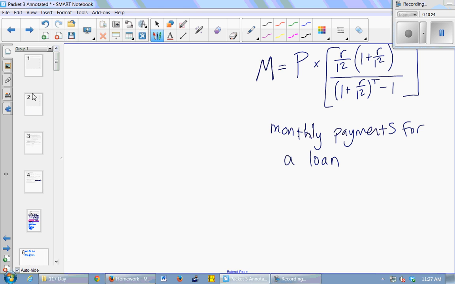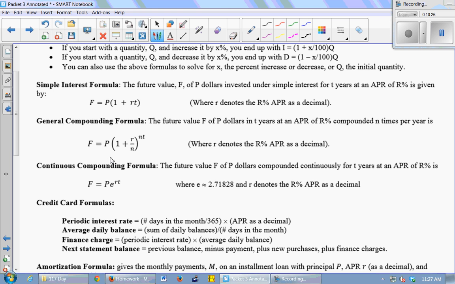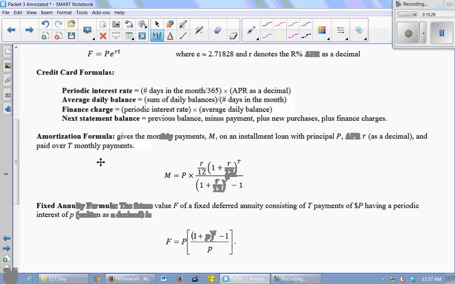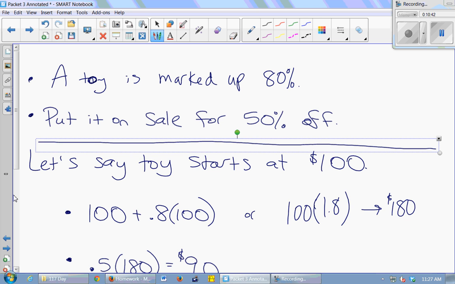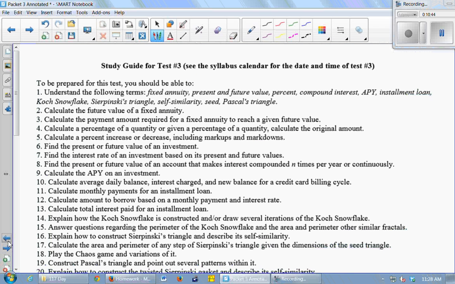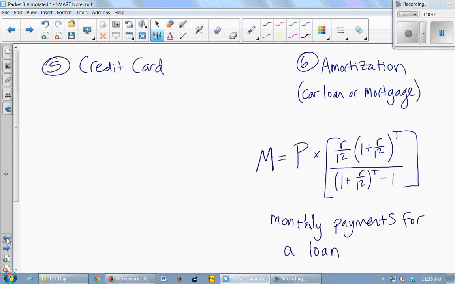Or just paid? Paid over T monthly payments. All right, so that covers all the financial formulas and when to use them.